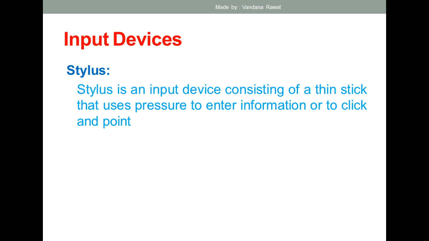It is a thin pen-like stick, and it works on pressure. If you press this thin stick onto a surface, only then will the work be done and the input be captured into the computer or the device in which you are using the stylus.